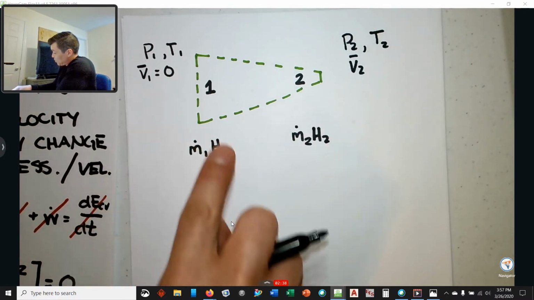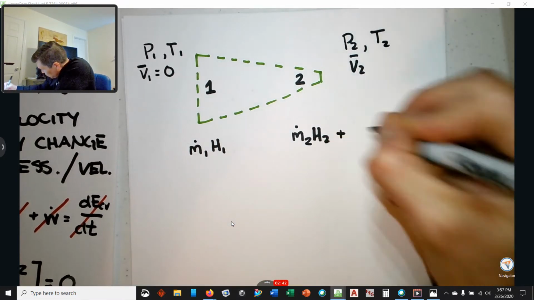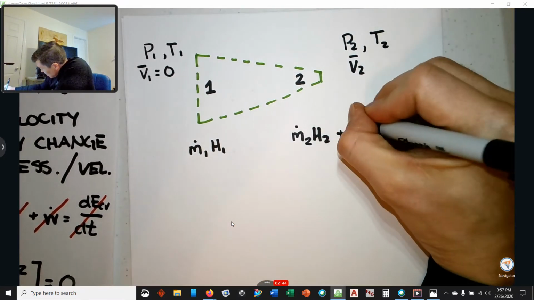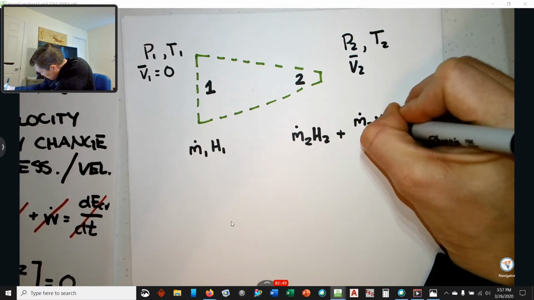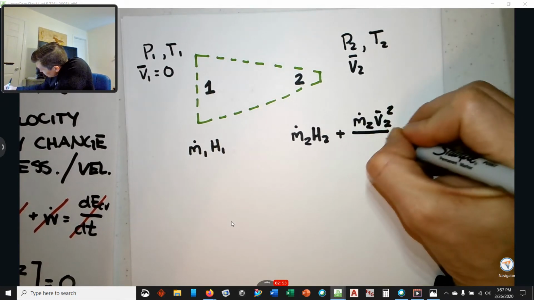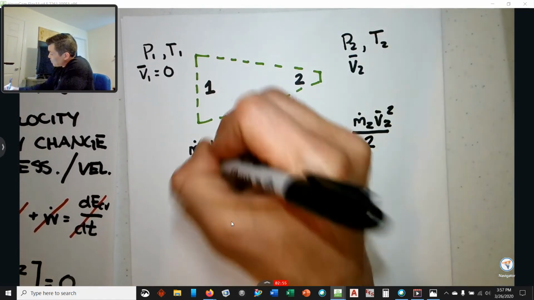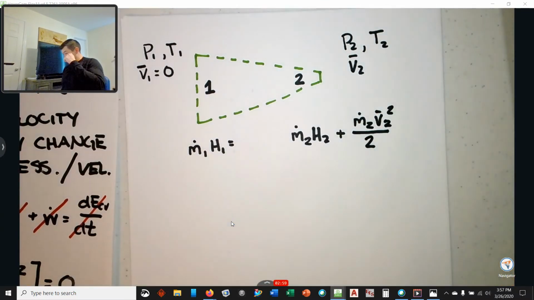We have velocity is 0, and then we accelerate through this system. So for state 2, we have plus M2 V2 squared over 2. All right, so this is going to be equal.